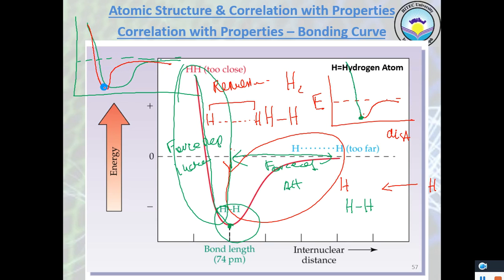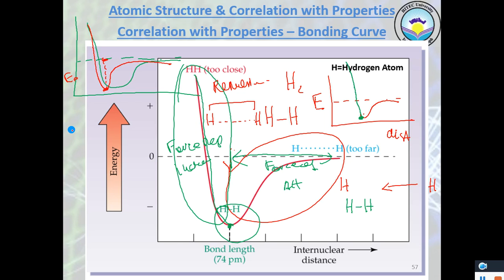We can see for the red line, the distance from the mean line is basically the bond energy E naught. E naught is the bond energy. Okay, so basically E naught is required to dissociate the atom pair.